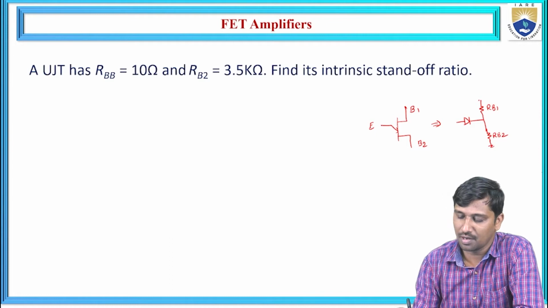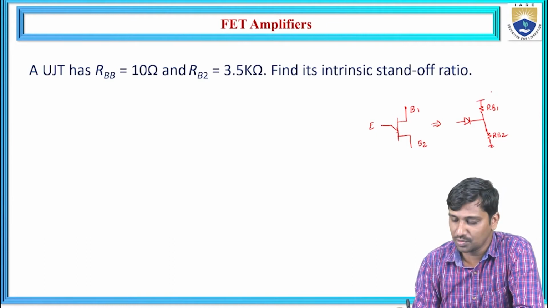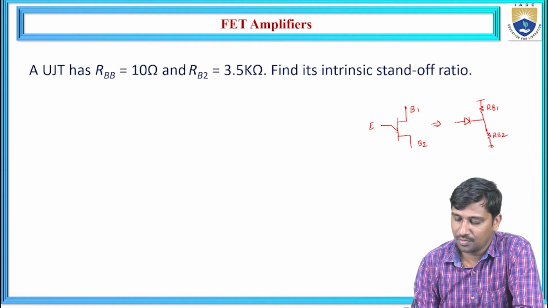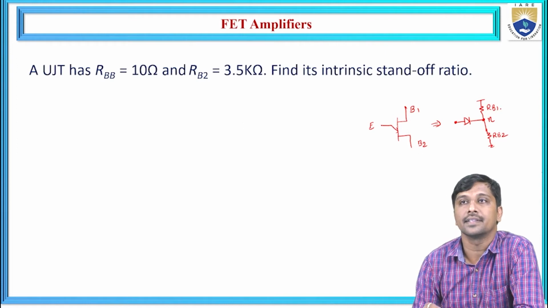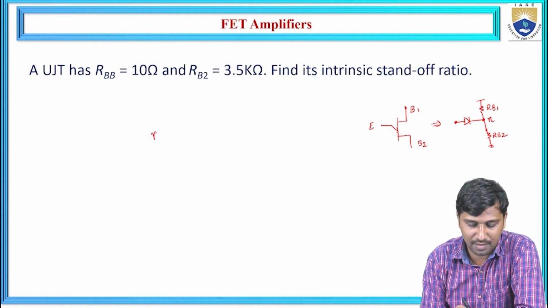RB1 should be connected to ground, and RB2 should be connected to the source. Now we need to find this parameter, the intrinsic standoff ratio.